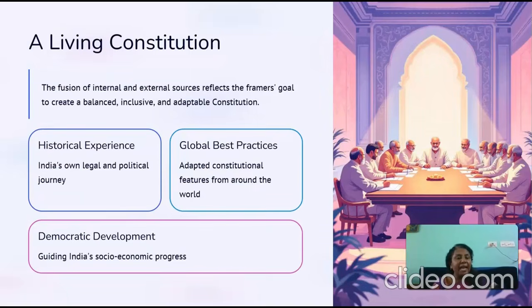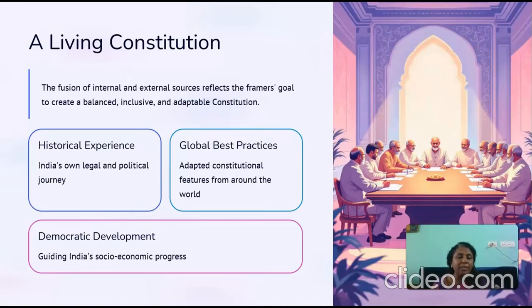So we can say that our constitution is a fusion of internal and external sources, which reflects the framers' goal to create a balanced, inclusive and adaptable constitution. Even though it is called the bag of borrowings, and many provisions were taken from other constitutions, they were modified and custom made for the Indian context.